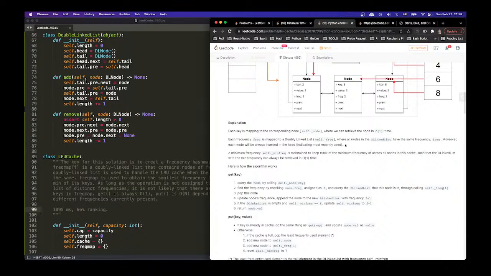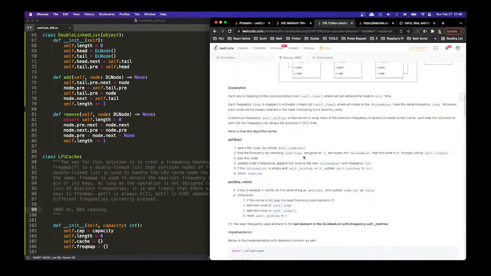Yeah. I insert in the tail, same thing. All right, how do you do that? How do you maintain the min frequency?